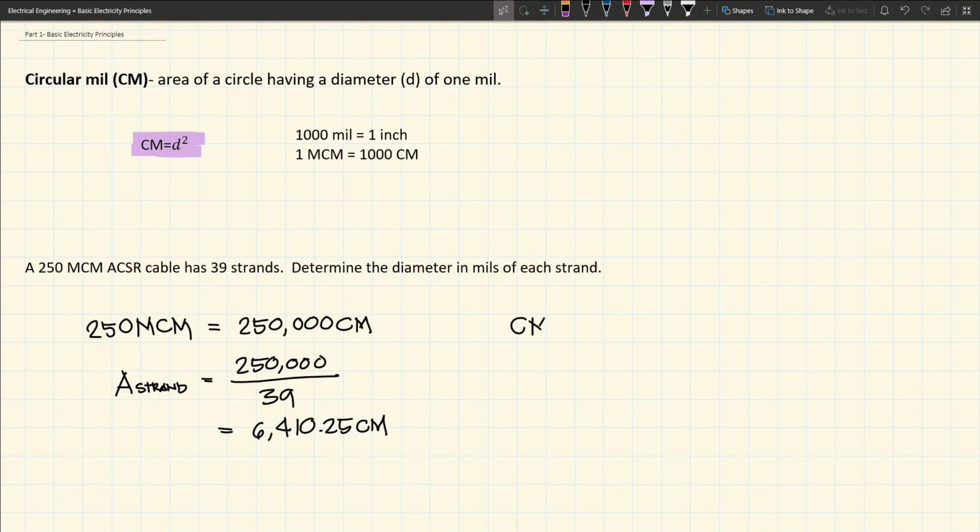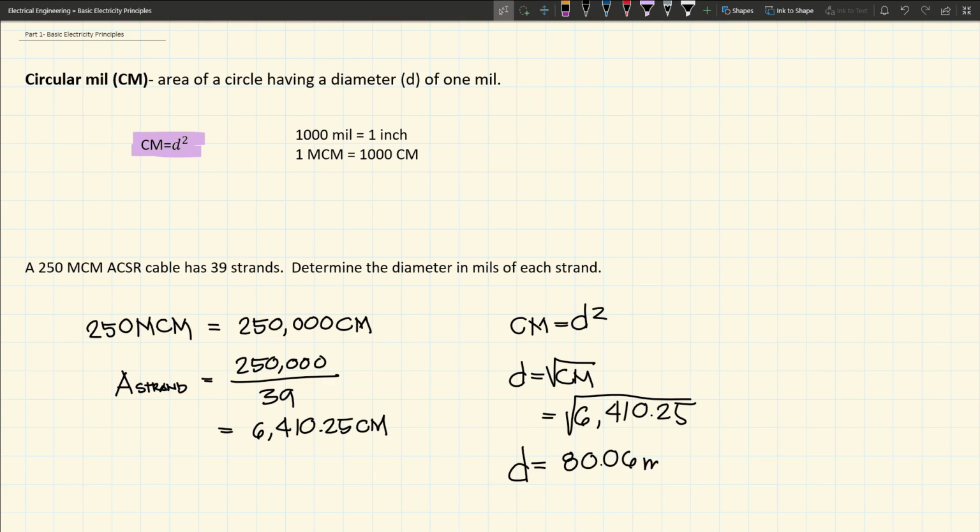Our formula: cm is equal to d squared. So d is equal to the square root of cm. So let's substitute 6,410.25. Our diameter in mils is 80.06 mils.